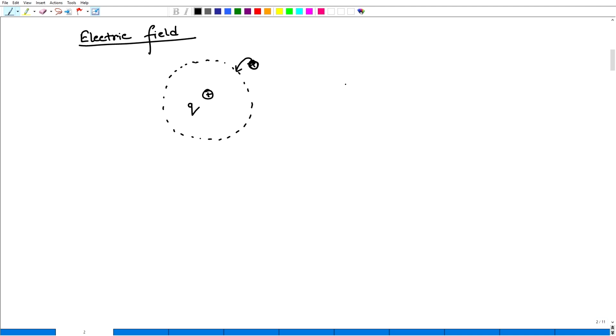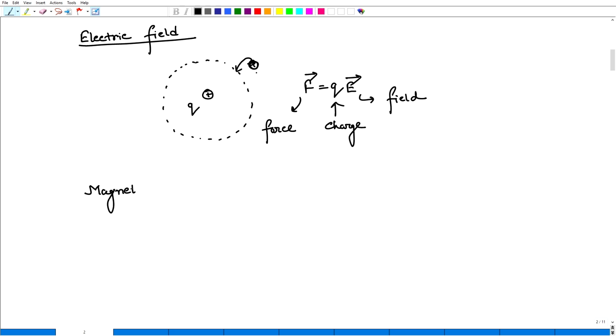The electric field is denoted by E, and F is Q times E, where Q is the charge of the particle, E is the electric field and F is the electric force. Similarly, there is also a magnetic field. If we consider a magnet, there is a north pole and a south pole.